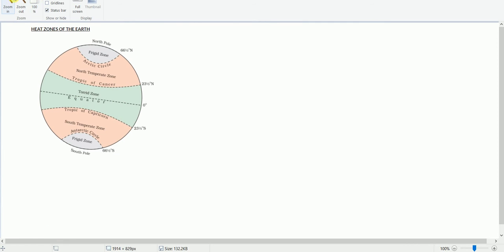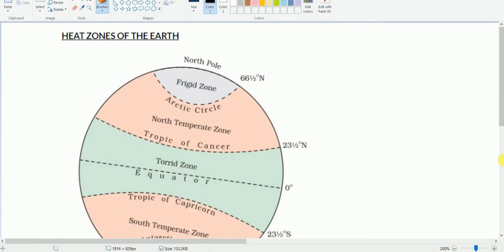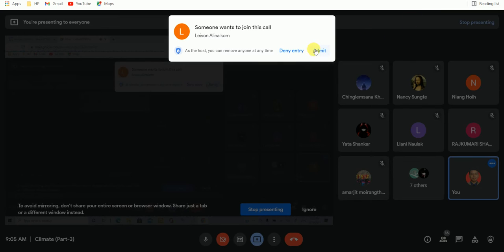Do you remember the heat zones of the earth? This diagram shows the heat zones of the earth. I think you might have learned this in the lower classes also.